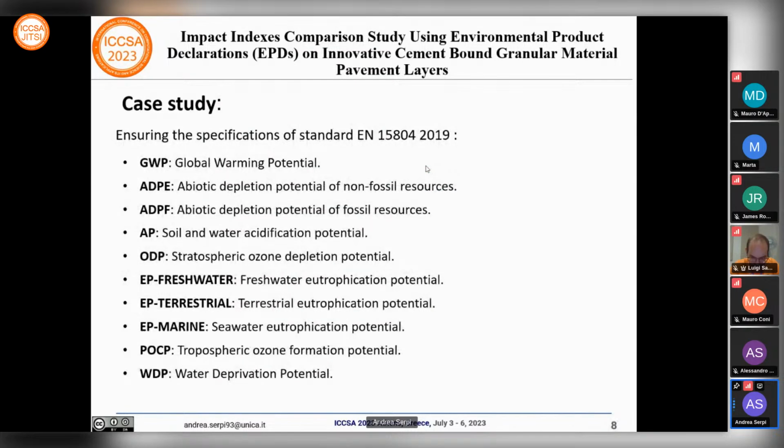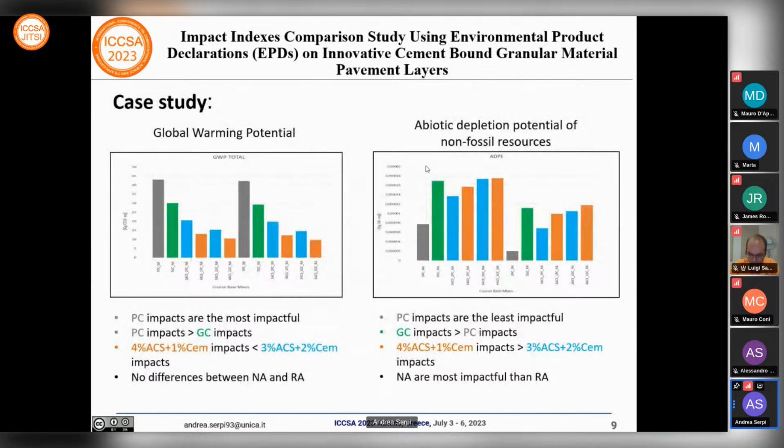So we have studied 10 environmental impact indices following the European specification. In particular, very important are the global warming potential, the abiotic depletion potential of non-fossil resources, and the water deprivation potential. So I decided to report not all 10 indices, but the more important and representative of the investigation.